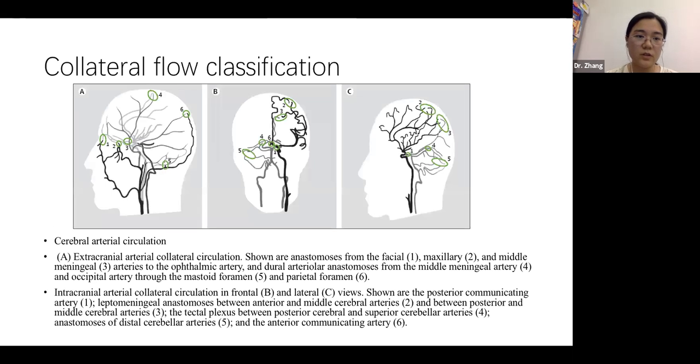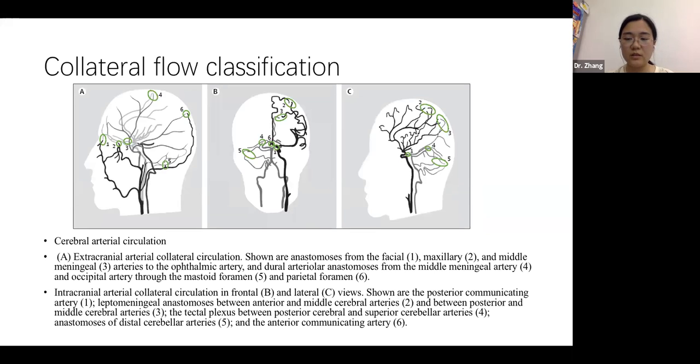Let's firstly see how to classify the collateral flow. Cerebral arterial circulation, we always divide it into the extracranial arterial collateral circulation and intracranial arterial collateral circulation.